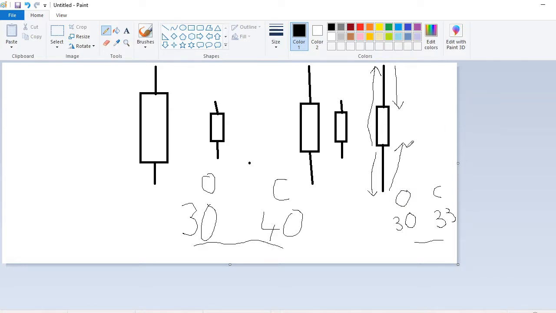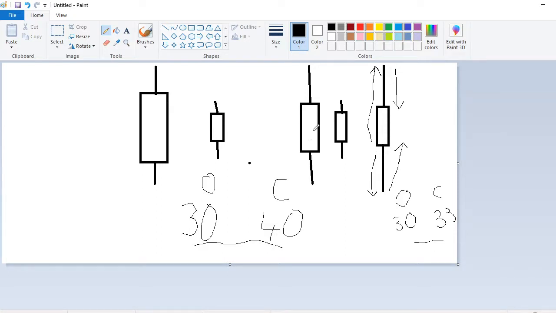So that means there is a big fight between bulls and bears, and there is more volatility in the market or in the stock in that particular section. So I conclude this way: if you find a candle with a big body, that means it's a clear trend, and if it is a small body, that means it is a weak trend.